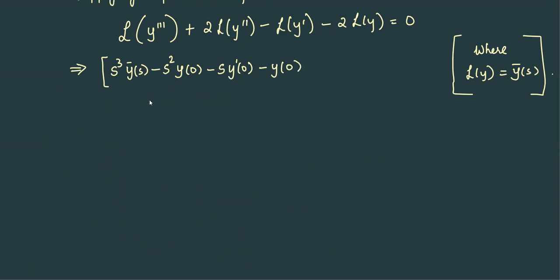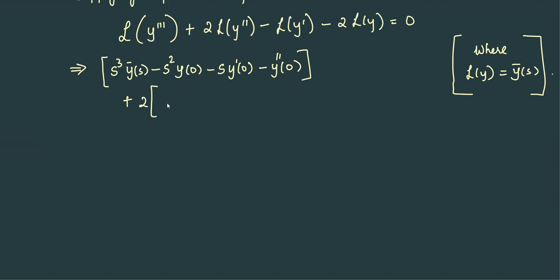So start with the highest term. The first term is fixed, s cube y bar s. Keep reducing the powers of s. And next terms start with y of 0, then y dash 0, then y double dash 0. So this is the first part, Laplace of third derivative of y. Then plus twice of Laplace of second derivative of y.